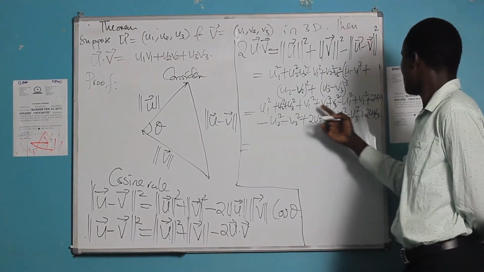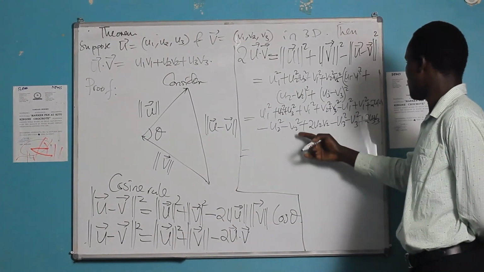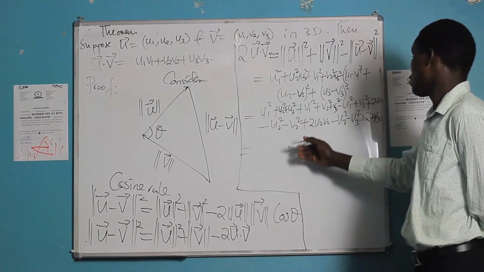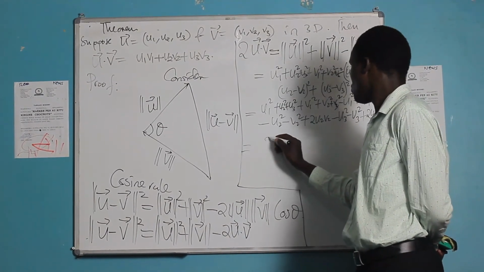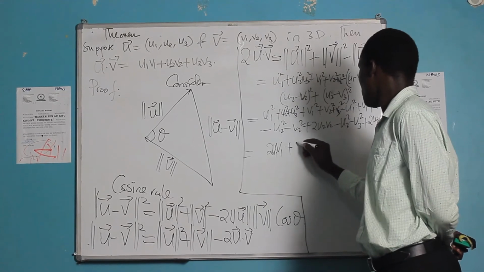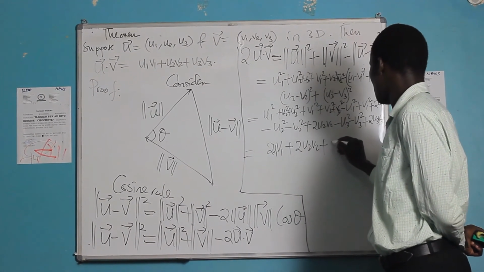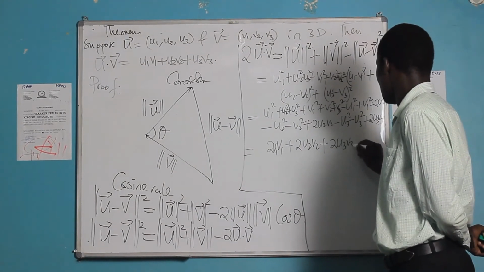So this one finishes with this one, this one with this one. Lastly we remain with 2 u1 v1 plus 2 u2 v2 plus 2 u3 v3.